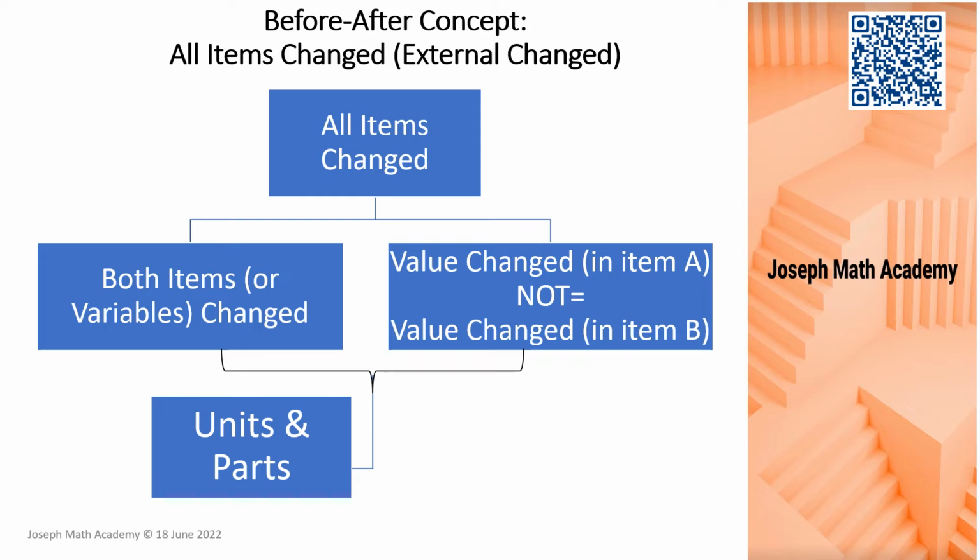Usually in this abstract situation, we have 2 unknown variables. The before variable is unknown for both items. Some schools use units and parts and then add up using simultaneous equations. I'm going to present my sharing with you using a table. I call it the BCA table, the before changed after table.